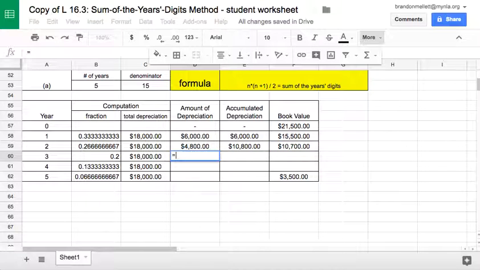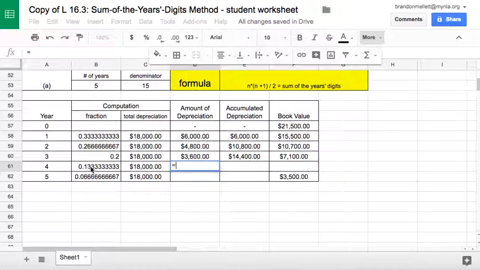All right, year 3. Third year fraction times total depreciation, $3,600. Let's accumulate. This time let's use sum for a formula. Let's add up year 1, 2, and 3 together. We get $14,400. Book value minus accumulated depreciation for year 3, we'll be at $7,100.